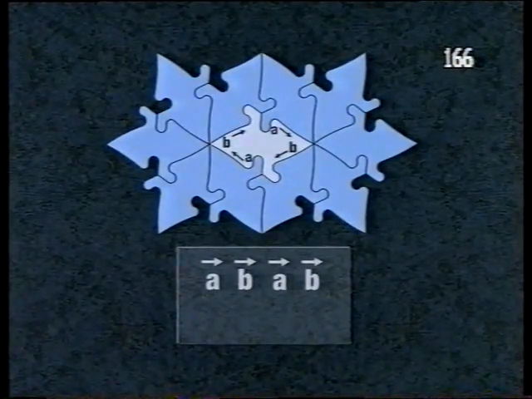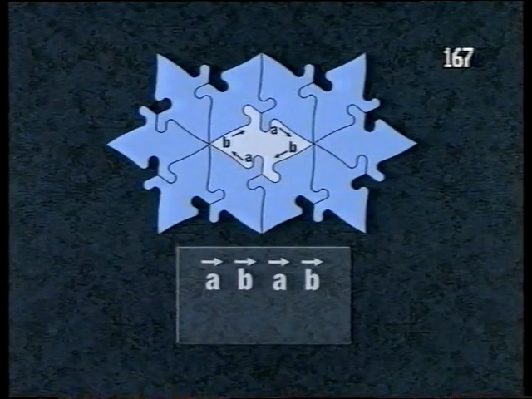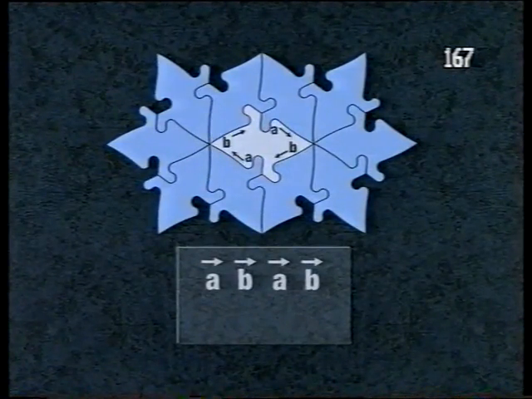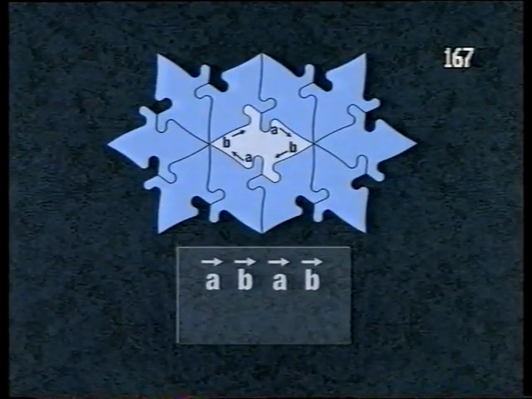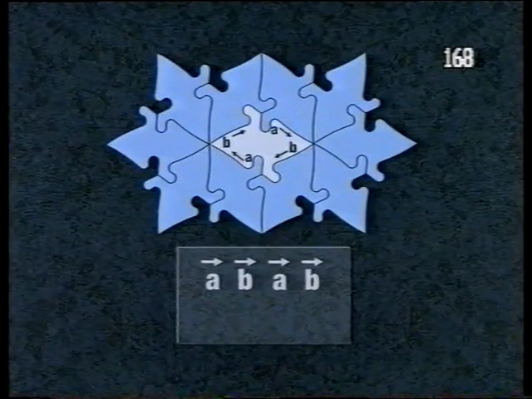Now, if you think I'm cheating by using each label twice like this, remember what I pointed out a couple of minutes ago. You can't tell the edges apart. There is no way of knowing whether or not a tile has been rotated before being fitted in. The tile has a center of rotational symmetry of order 2. In fact, it's a symmetry of the tiling as a whole. And the incidence symbol itself embodies this symmetry.